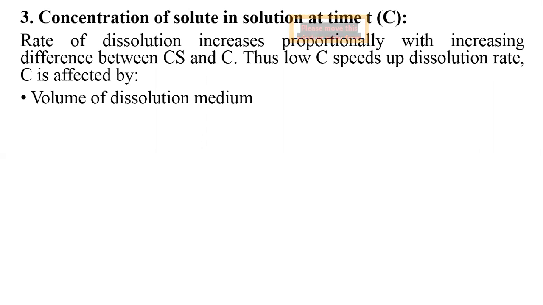For example, if the volume of the solution medium is small, then the C value can rapidly increase during dissolution and approach CS. If the volume is large, then C may be negligible, that means it is very small, and may approximate to 0, and then CS minus C will be equal to CS. This is sink condition.